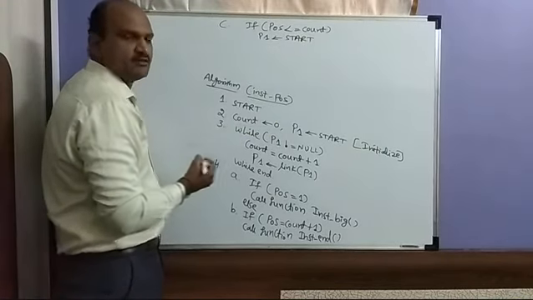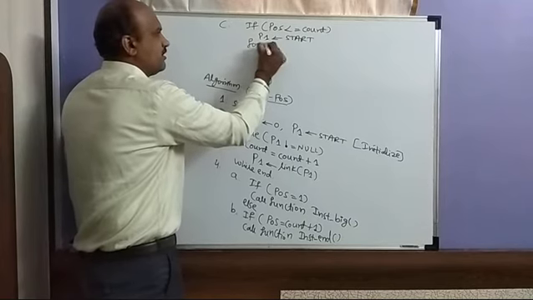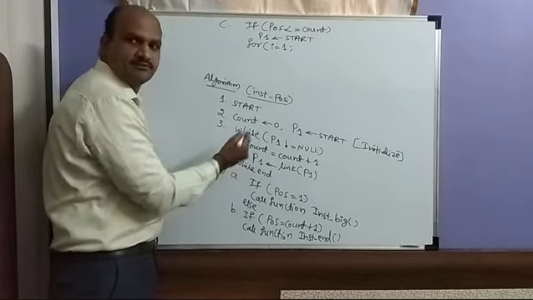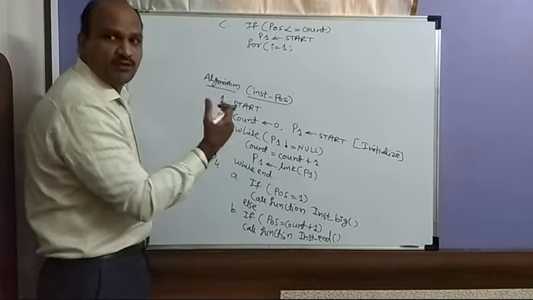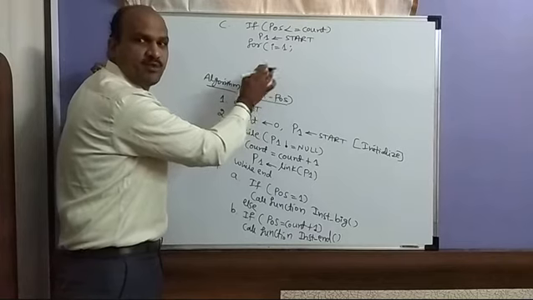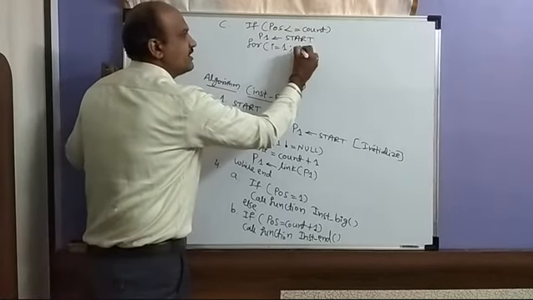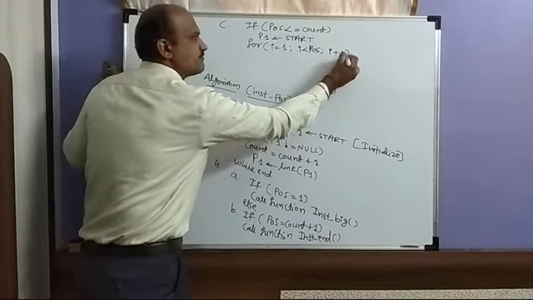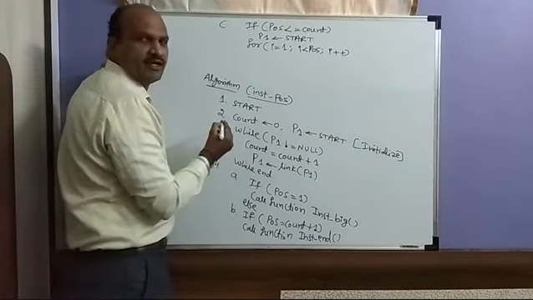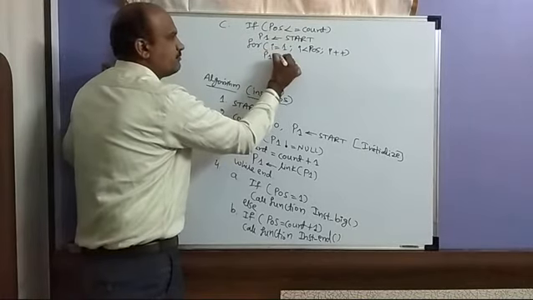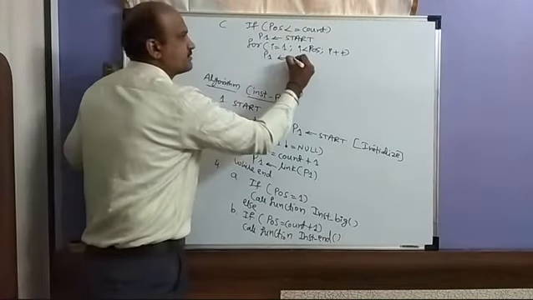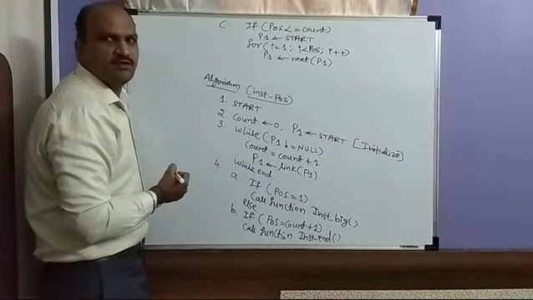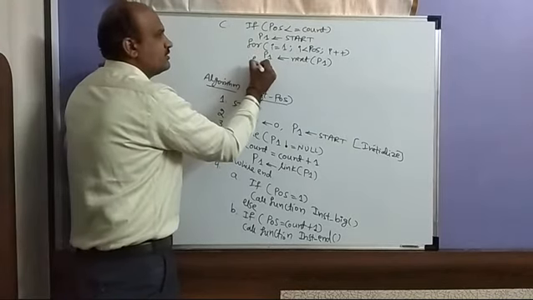Okay, then again check the looping statement, that is I is equal to 1, then I less than position, whatever position you are given, then I plus plus. Okay, then again P1 will be pointing to the next node, next pointer. Okay, then that is the end.